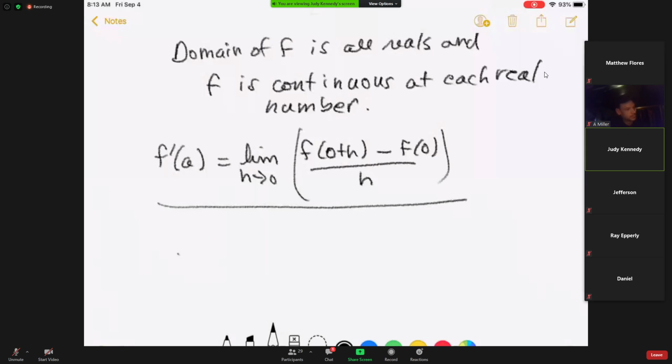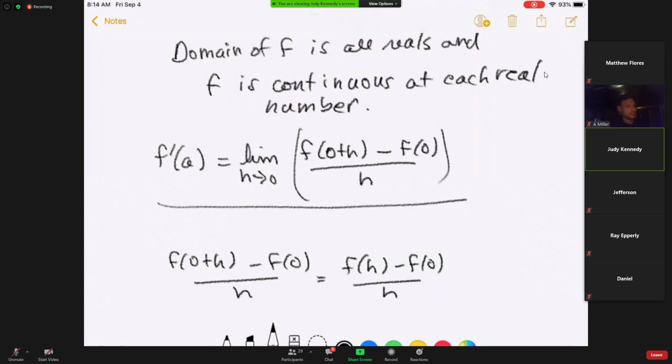So f of 0 plus h minus f of 0 over h. Well, that's the same thing as f of h minus f of 0 over h. And f of 0, the absolute value of 0 is 0, and the absolute value of h is h.